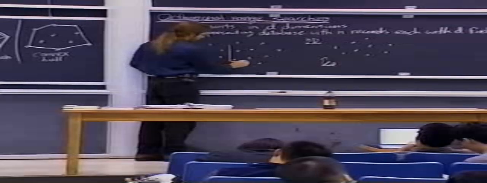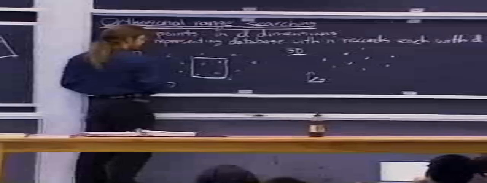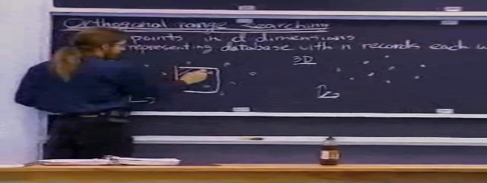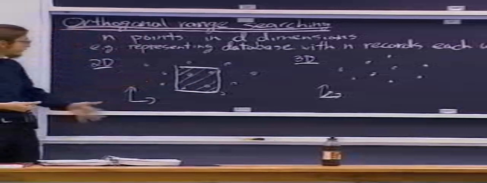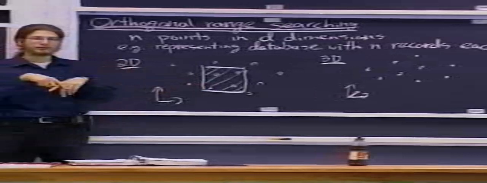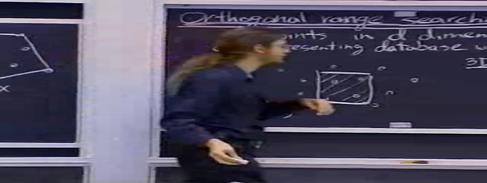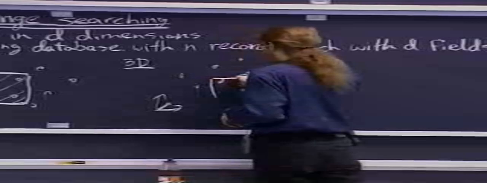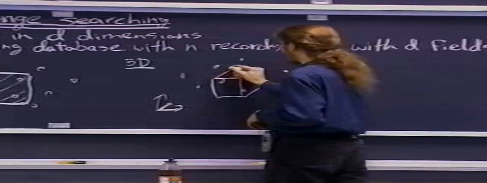So for example, suppose I give you some rectangle. Then a natural thing you might ask is, what are all the points in that rectangle? So in 2D, maybe this is, what are all the restaurants in this region? In 3D, it's maybe easier to form interesting queries. So in 3D, you have some kind of box.